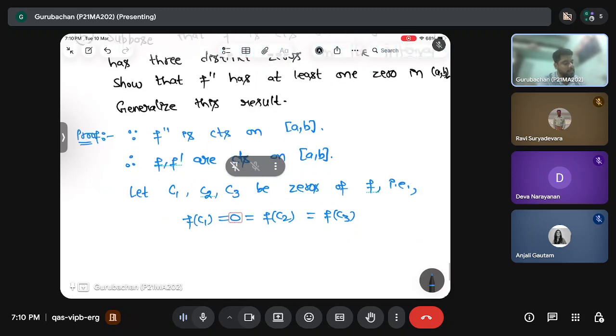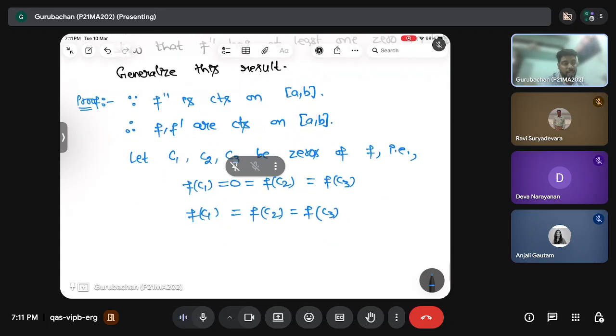And we may write it as f(c1) is equal to f(c2). So now we can apply Rolle's theorem to the intervals [c1, c2] and [c2, c3]. Apply Rolle's theorem on [c1, c2] and [c2, c3].